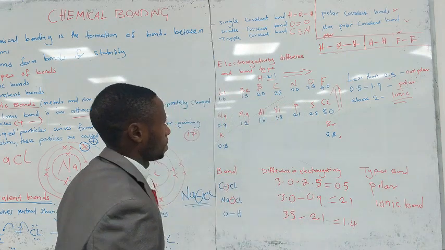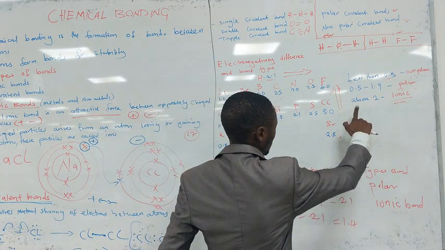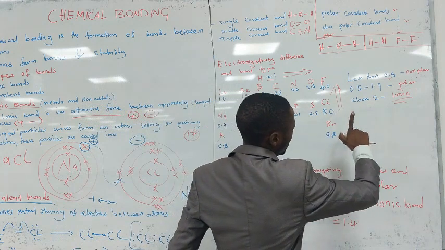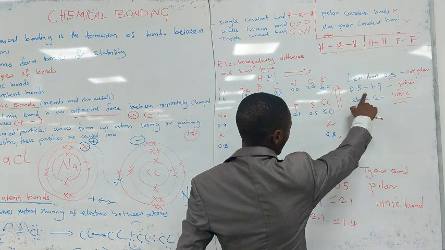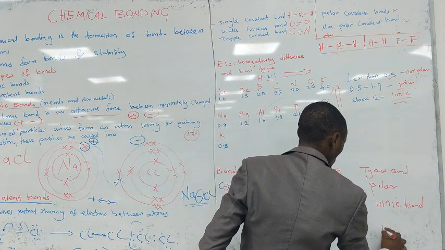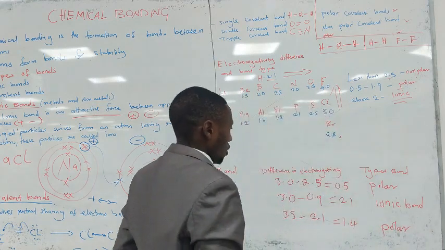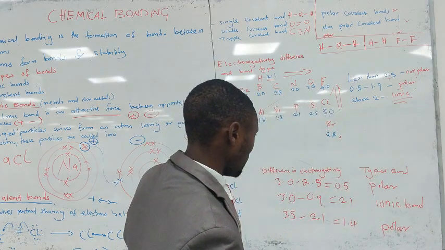Where is that falling? It is falling between 0.5 to 1.9. So this type of bond is also polar. So we don't have any non-polar yet.